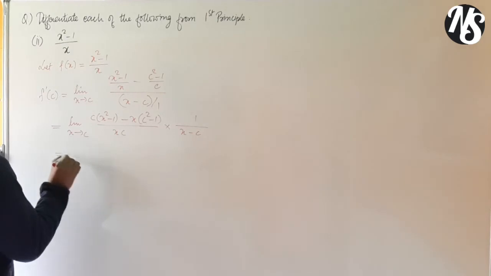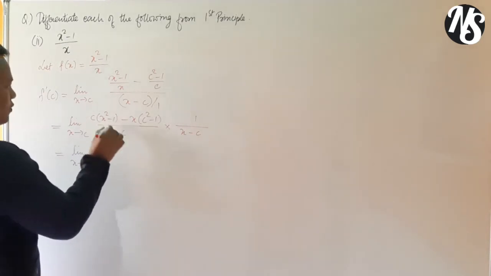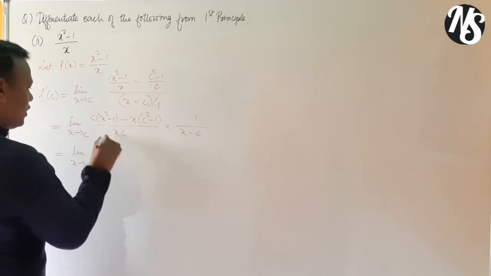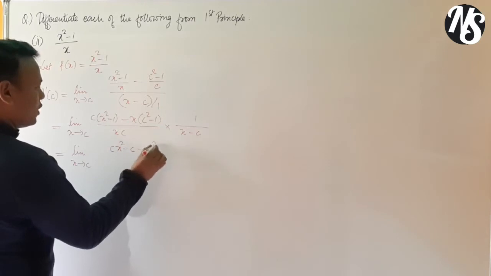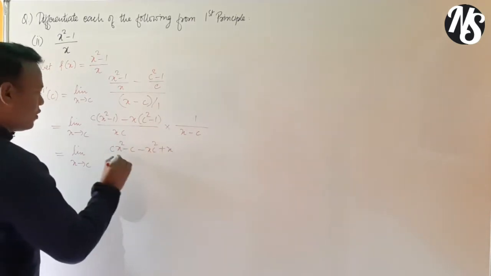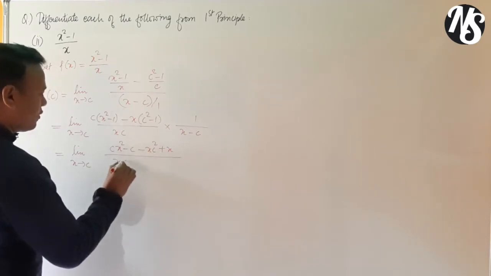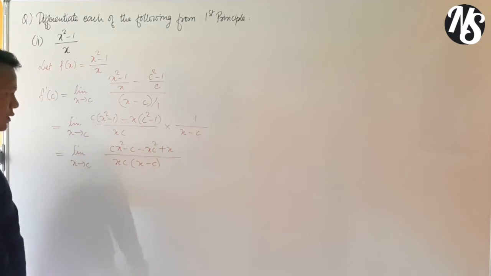Okay, now limit x tends to c. Let's open up the bracket. So we get cx square minus c minus xc square plus x, right? So in the numerator we get this much, in the denominator we have xc into x minus c. Yes, okay.